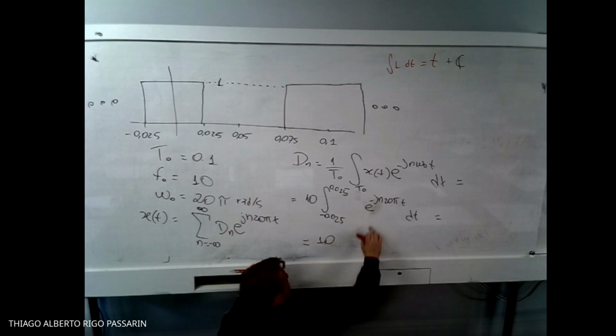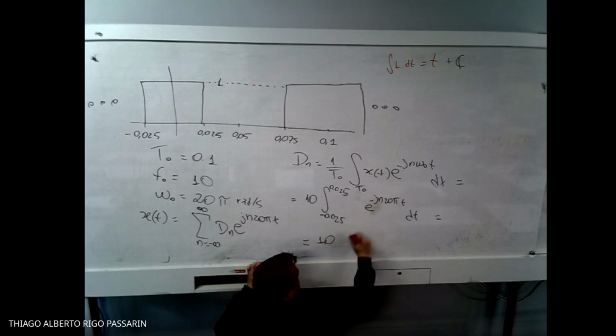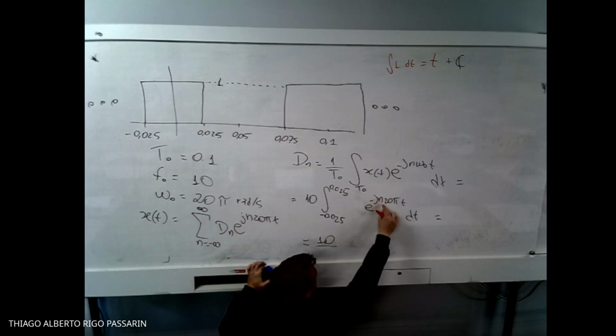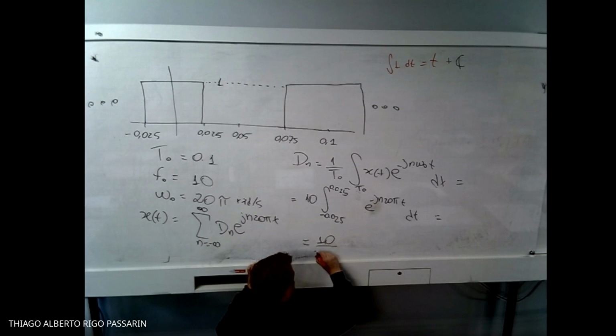What do I get if I integrate an exponential like this? I get the same, and I have to divide the whole thing by minus jn 20 pi, which is the argument that multiplies t.